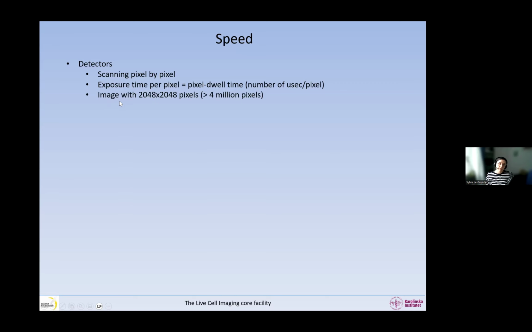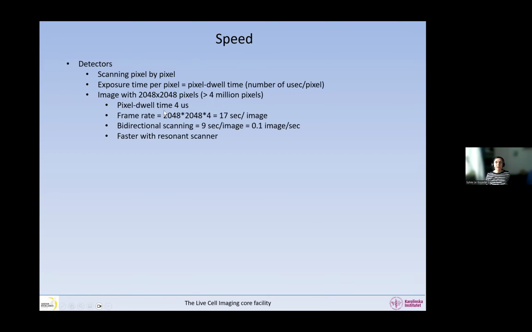So if you acquire an image on a single point confocal with 2048 by 2048 pixels, which is something you can choose, so you get over 4 million pixels in the image, the pixel dwell time can be 4 microseconds per pixel. These numbers do change a little bit between microscopes, not much.